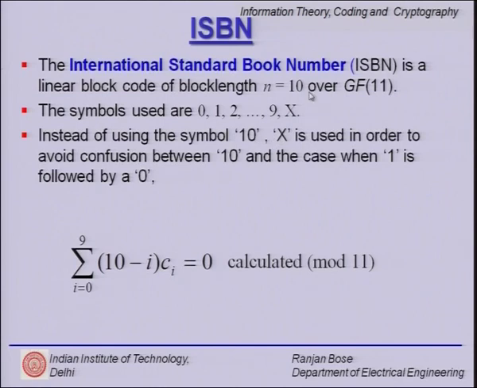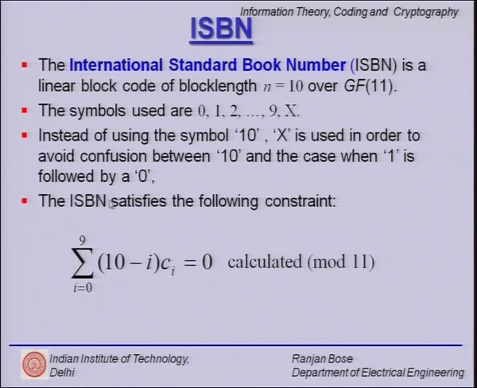So, your code word, whatever is written behind every book, will have either 10 or 13 symbol long code words. And the ISBN satisfies the following condition: the sum of (10 minus i) times c_i, where i is the component, i is equal to 0 to 9, because there are total 10 elements in the code word, should be 0, provided it is calculated mod 11.